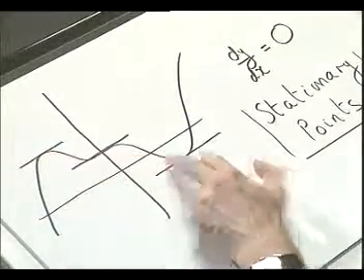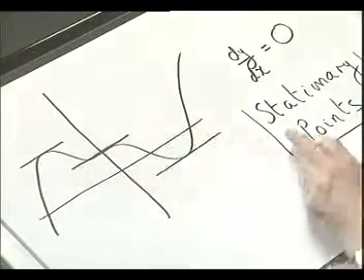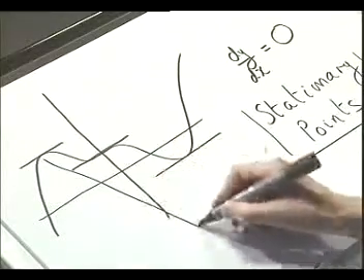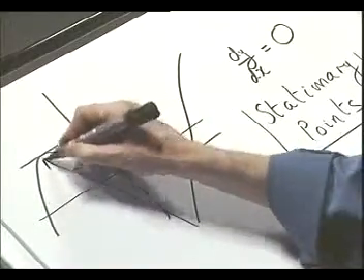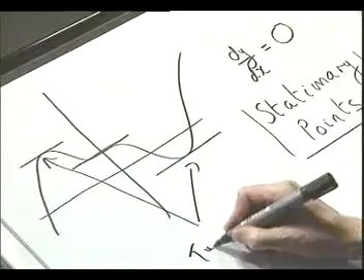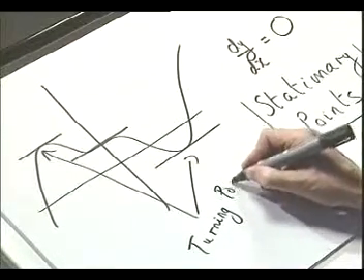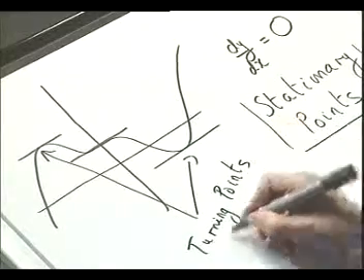So these two are special types of stationary points. These two are called turning points. And so at turning points, dy by dx is 0.